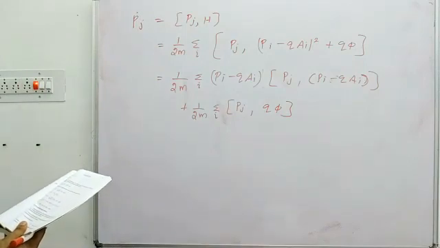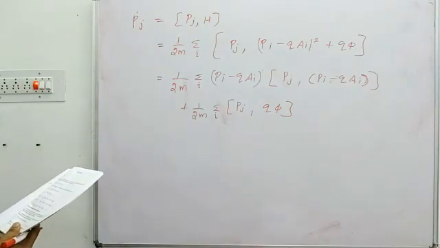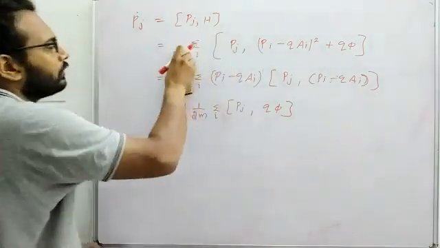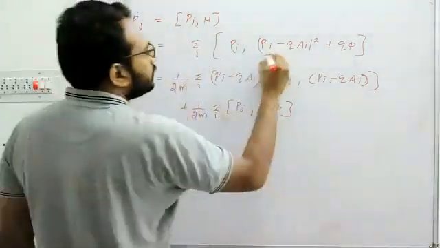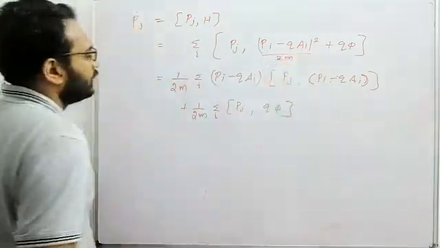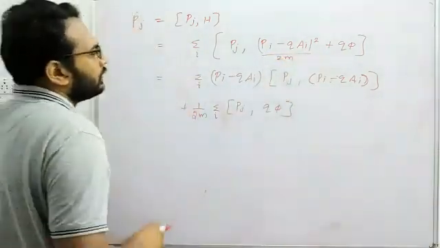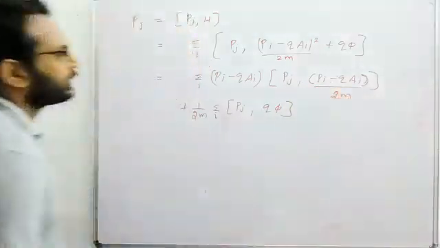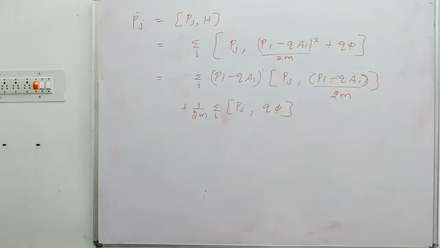Oh, I think I made a mistake. Since this q phi is there, this 2m cannot be pulled out. So this 2m will come here and this 2m will go there. Then it's correct.